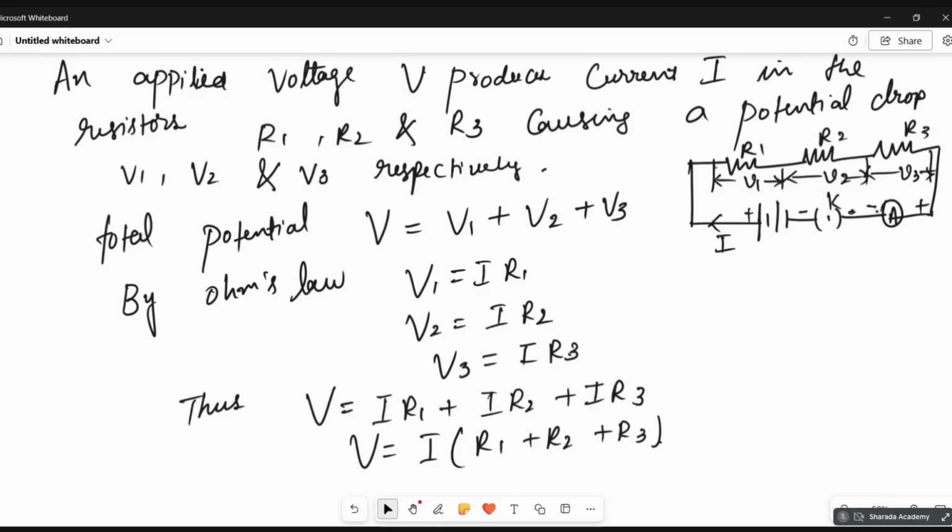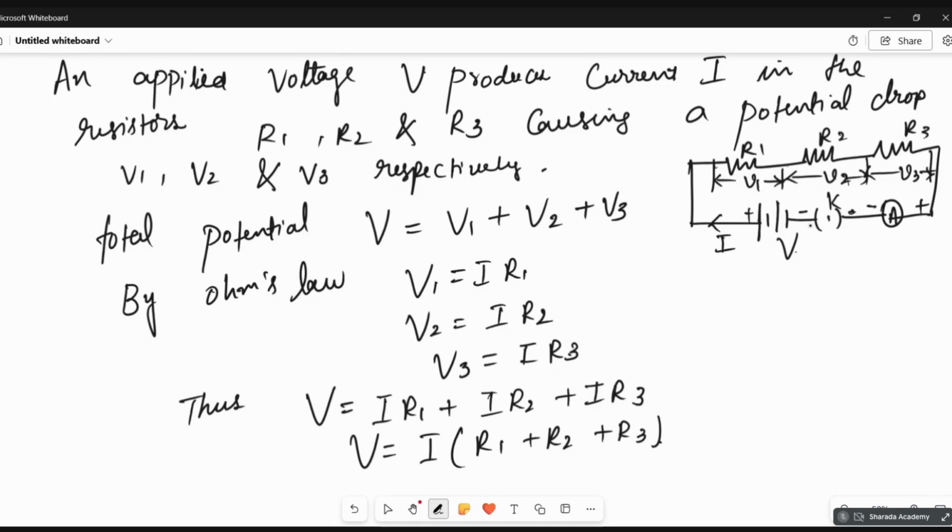so what we are trying to write is, so we have applied some voltage V here. For that, we are getting that current I. Okay, and that same current will flow through all the three resistors. So produces current in the resistors R1, R2, R3. Okay, and this causes some potential drop across each resistor, which we call V1, V2, V3.